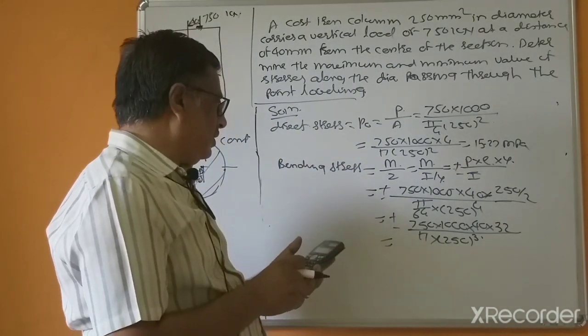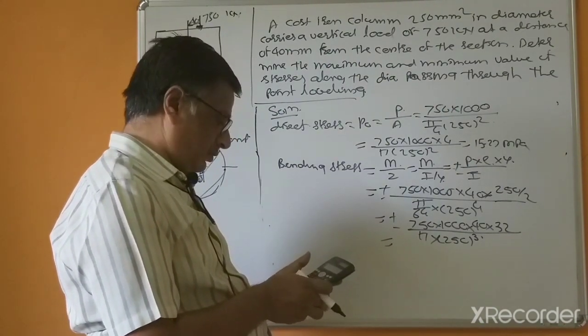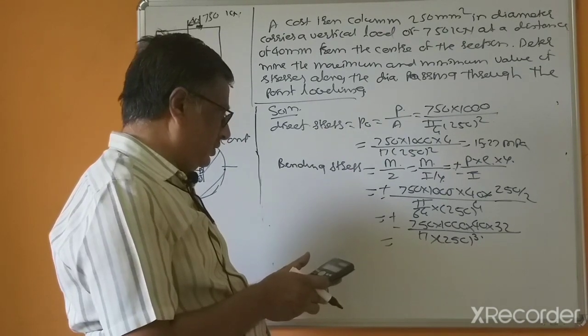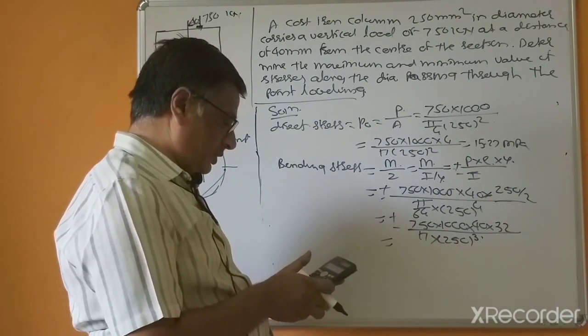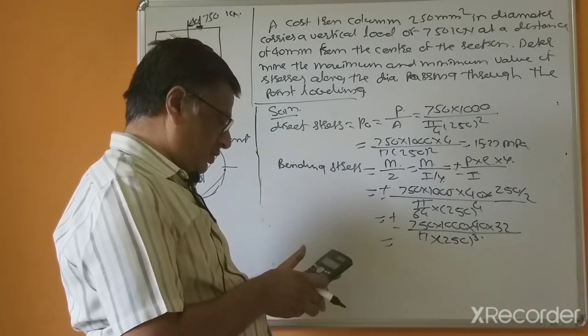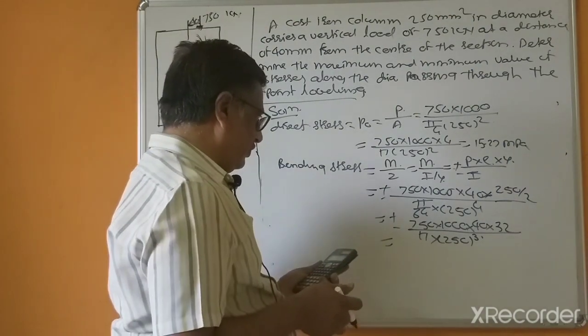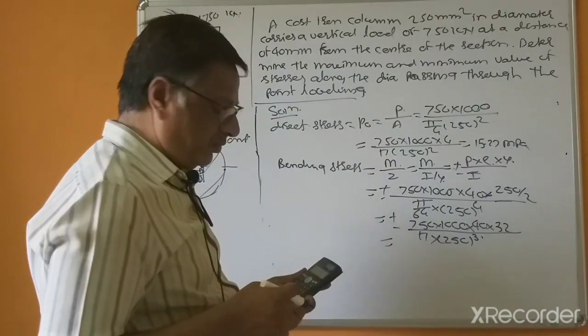Purposefully I eliminate one step. 1000 multiplied by 40 divided by pi 250 square, 4.889.